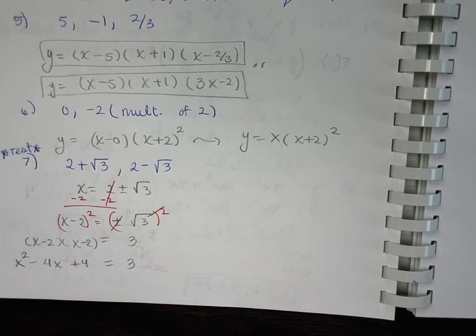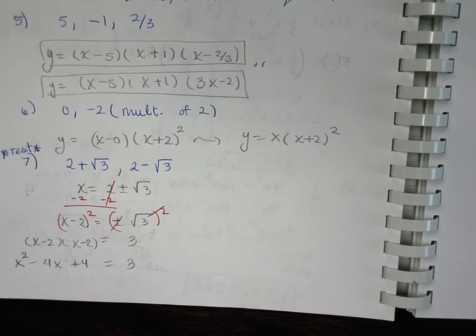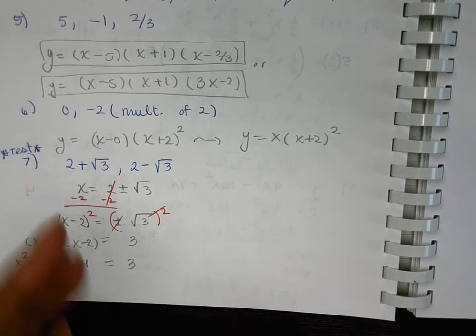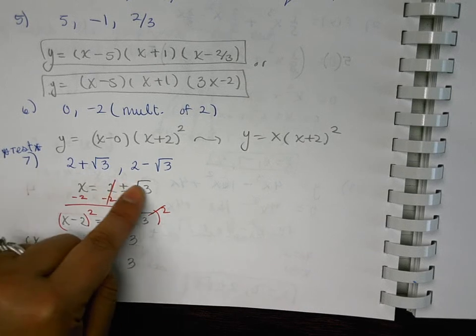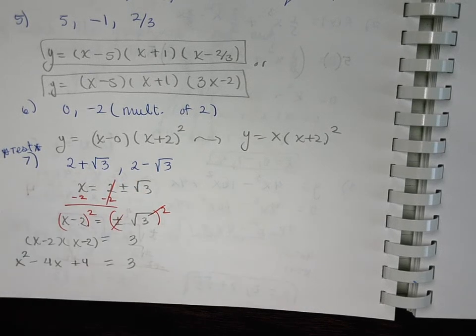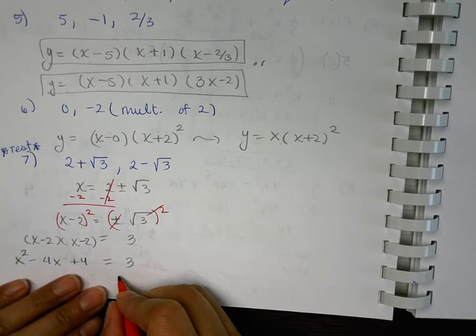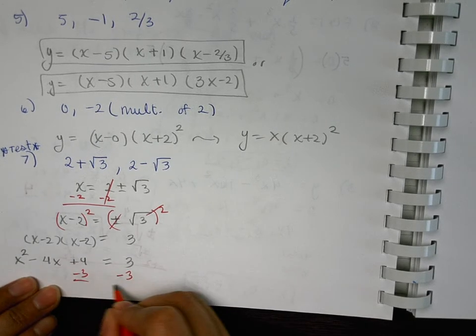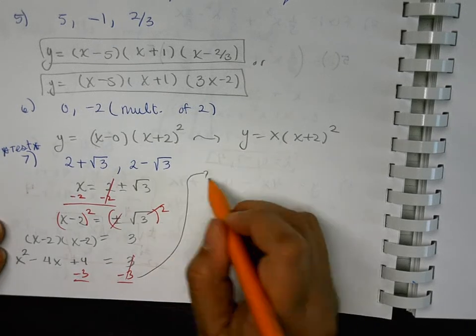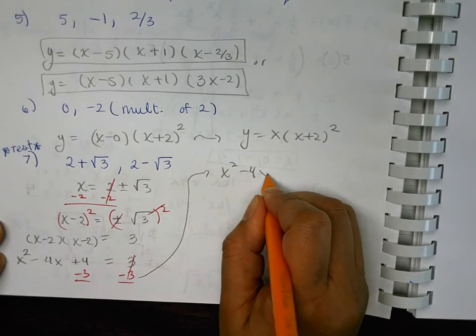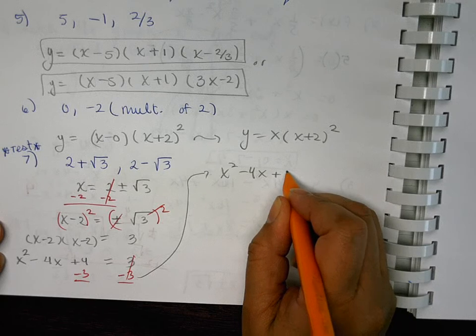I'm trying to get it to equal 0 because when we set the equation equal to 0, these are the solutions. So what was it? What do we do? Subtract the 3. And that gives me what? X squared minus 4x plus 1 equals 0.